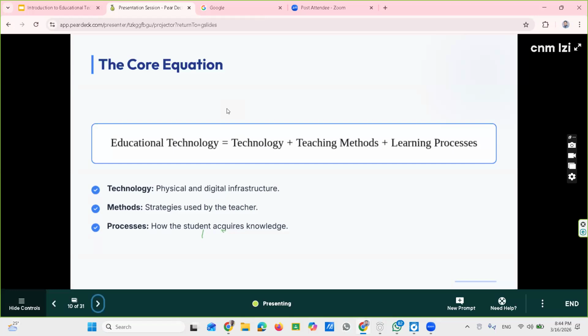The process: how students acquire knowledge through your technology-based teaching. You want to check how students get the knowledge, how they achieve the knowledge or concept because of your technology-based teaching. That's the process, right? Remember this point, very important. This equation, educational technology, is the mix of technology, teaching methods, and learning process.